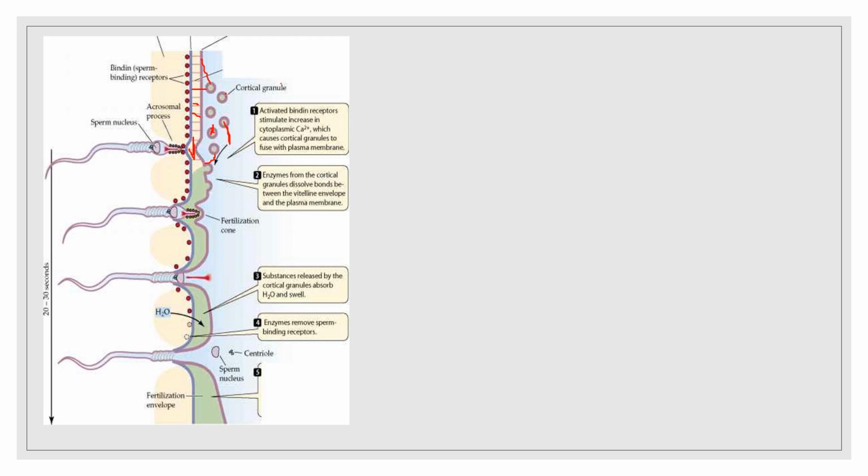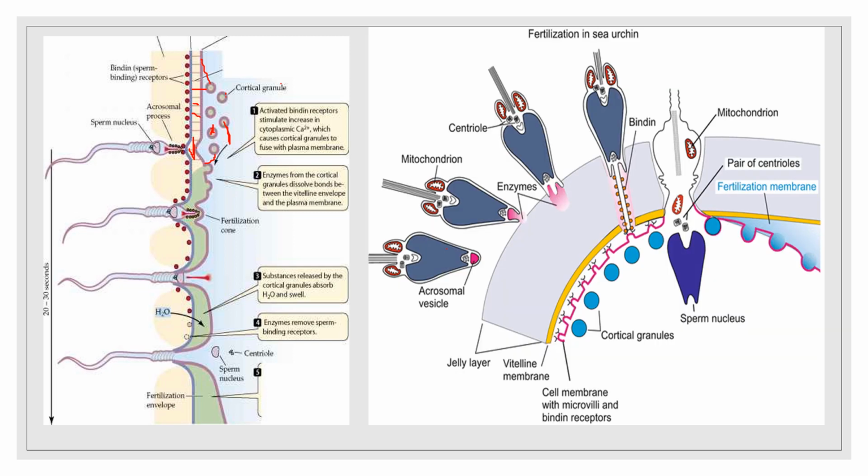Intracellular calcium concentration is increased, enzyme activity will be increased, so the cortical granules will fuse with the plasma membrane and release their content into the perivitelline space, and this content will cause destruction of the bonds and help further penetration of the sperm, and the sperm will ultimately come in contact with the plasma membrane. So these are the cortical granules which are released into the perivitelline space.